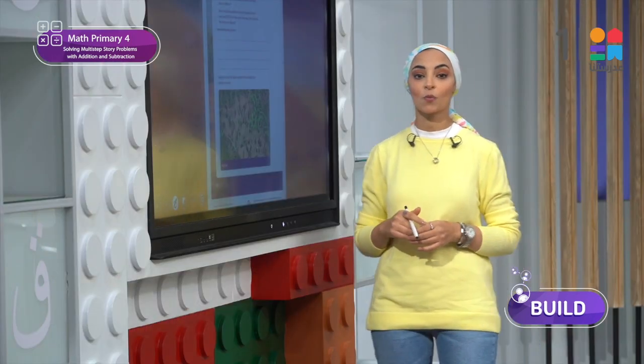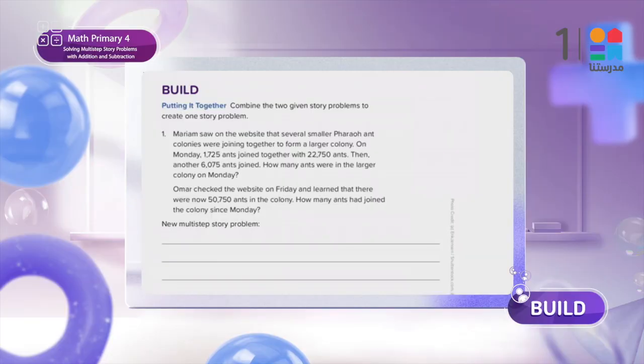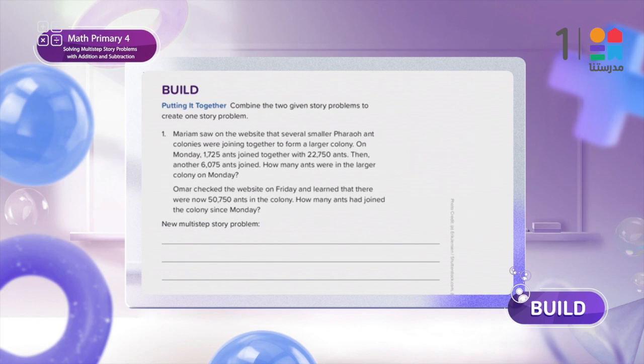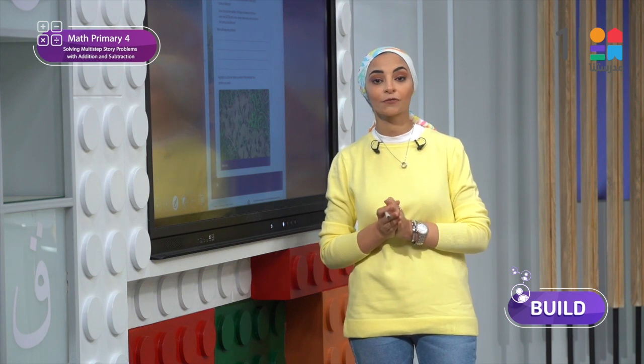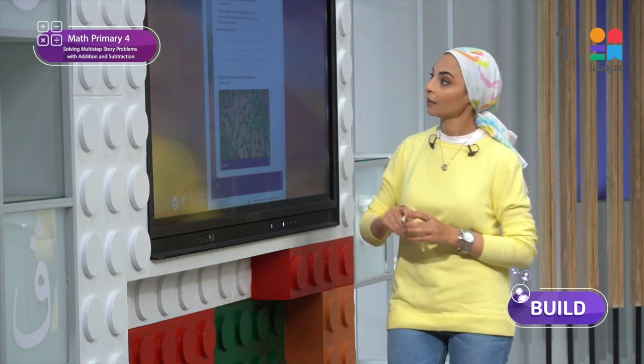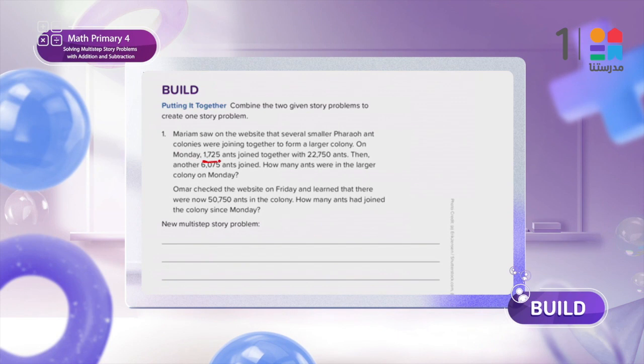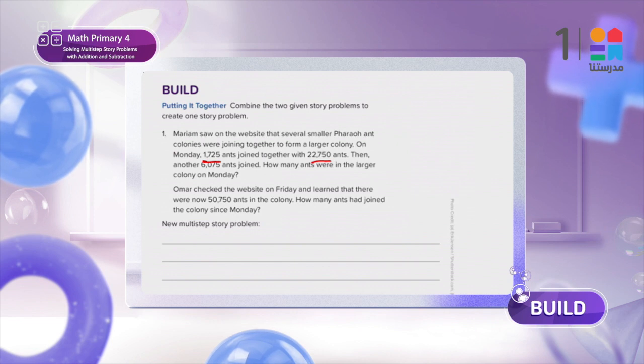The problem says that on Monday, 1,725 ants joined a colony that already had 22,750 ants. Here are the numbers I'm talking about. Then another 6,075 ants joined. This is the number I'm talking about.